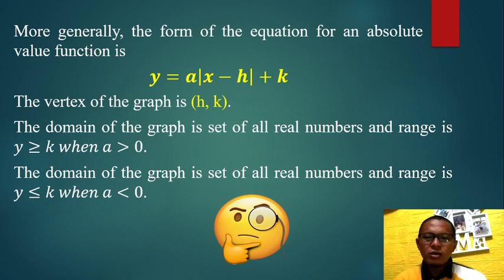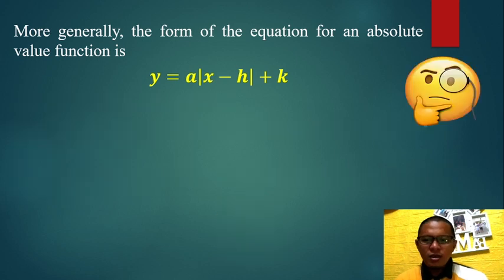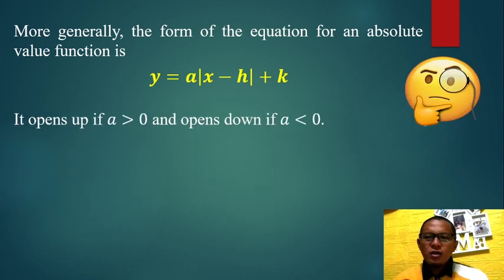So always remember the domain of the graph of the absolute value function is the set of all real numbers, right? And the graph opens up if a is greater than 0 and opens down if a is less than 0. So always remember that.